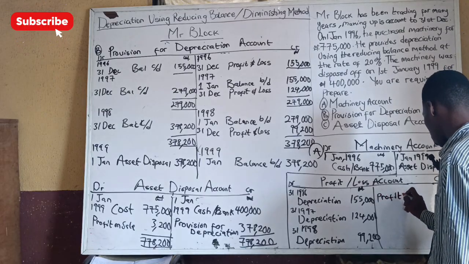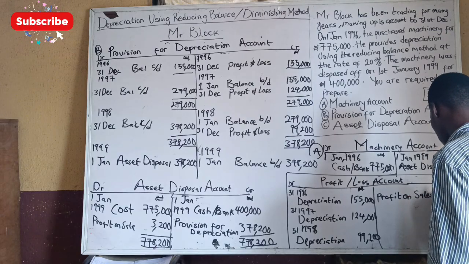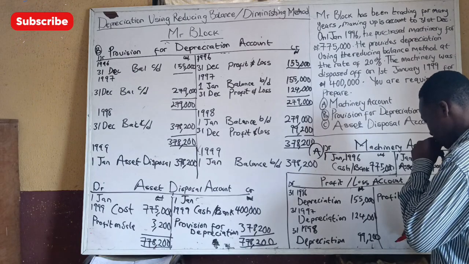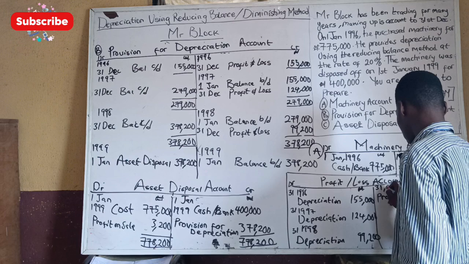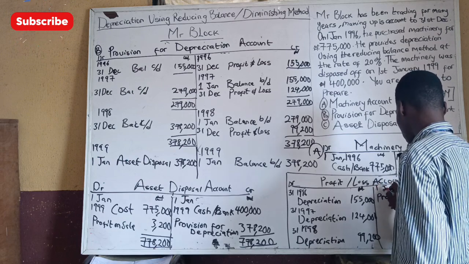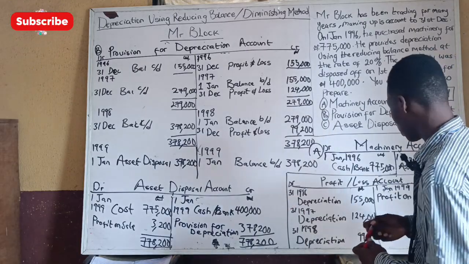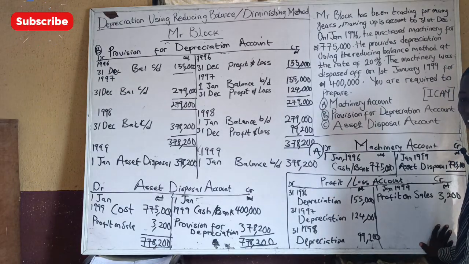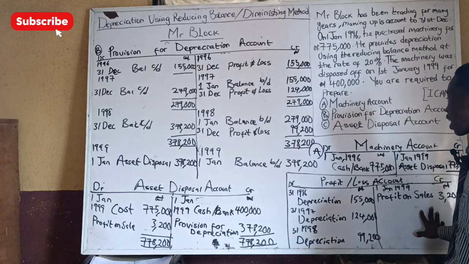Profit on sales, which is 3,200, and that is for 31st December 1998, or we can just say that 1st January 1999 is for 31st December 1998. So this is how your profit and loss account is going to look, in case you are asked to prepare the profit or loss account.